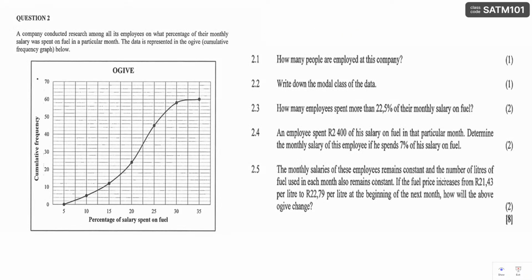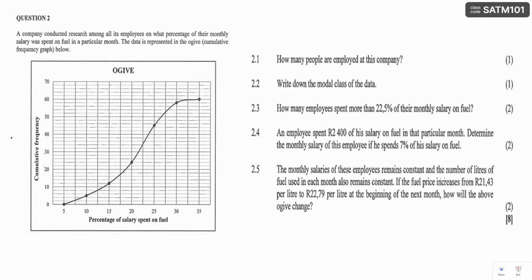The next question, they said the company conducted research among all its employees on what percentage of their monthly salary was spent on fuel in a particular month. The data is represented in the ogive, which is the cumulative frequency graph below. First question, how many people are employed at this company?